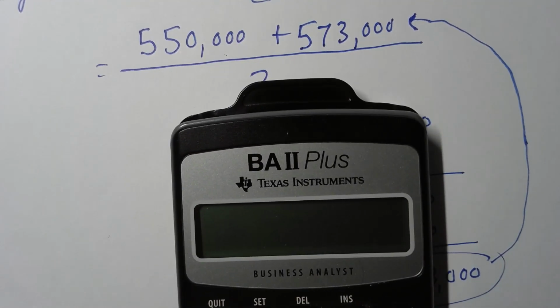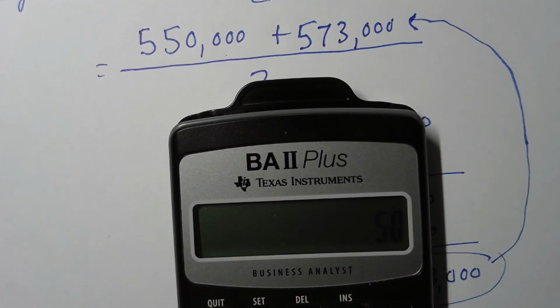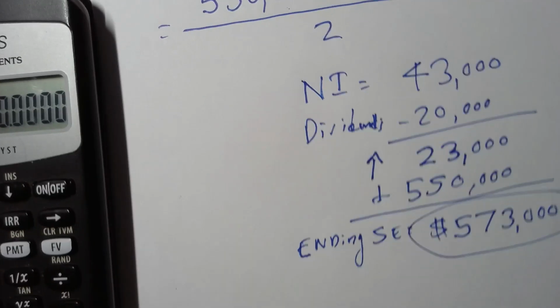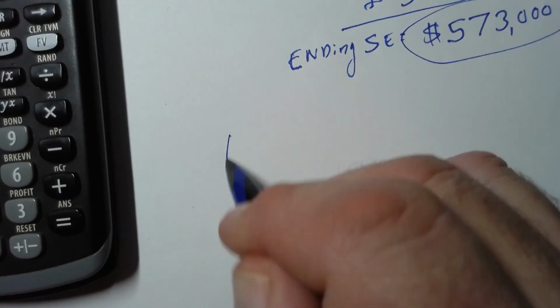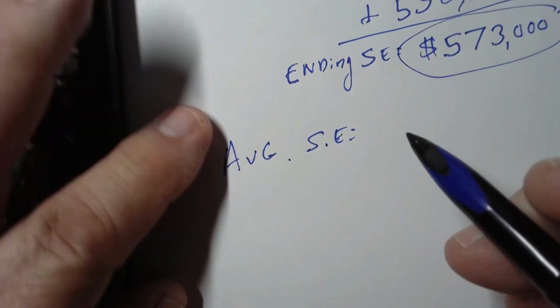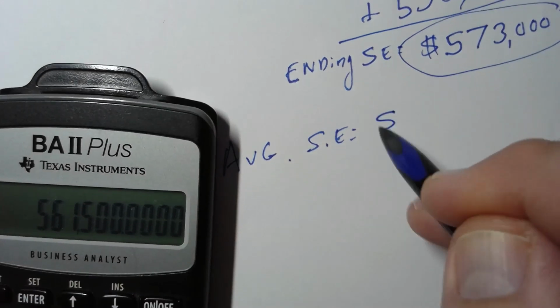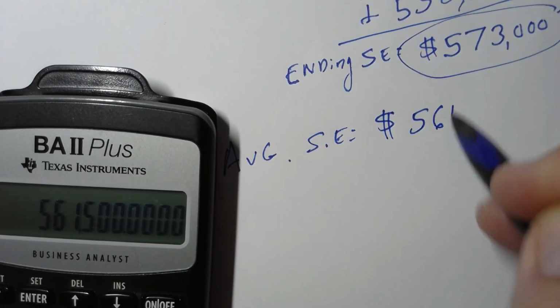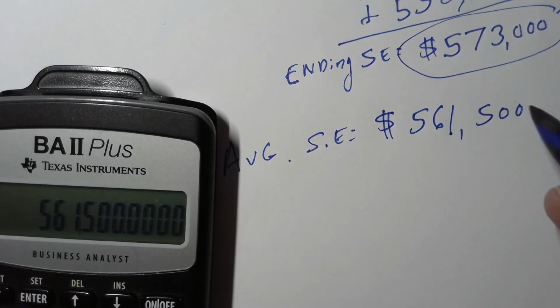And we're going to take 550,000 and we're going to add to that 573,000 and we're going to divide that by 2. And that gives us an average shareholder equity of $561,500.